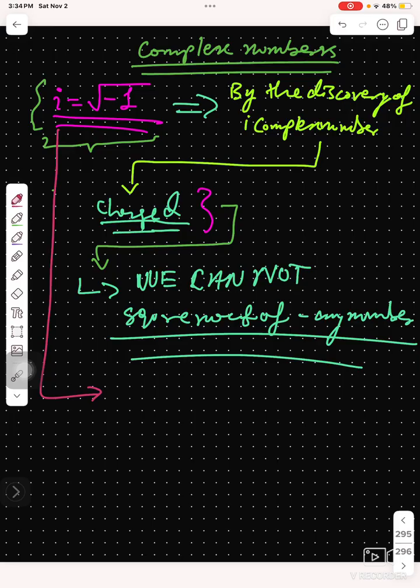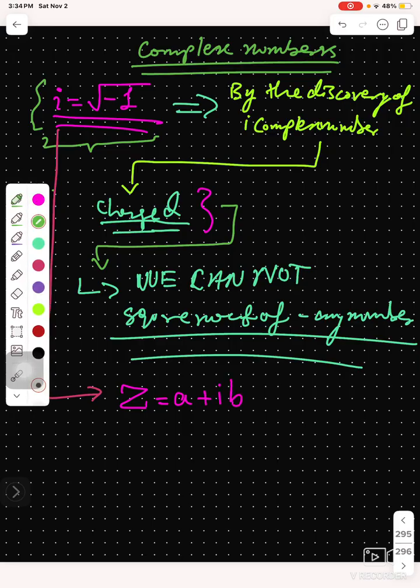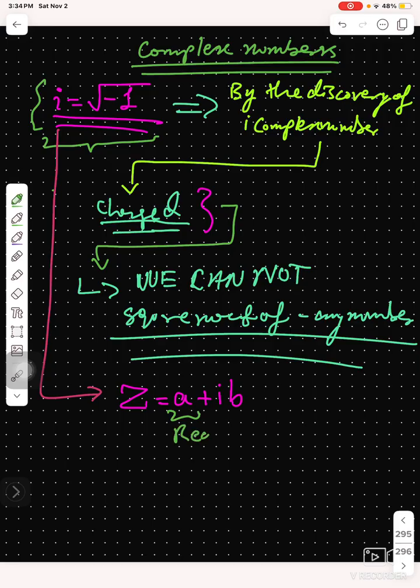Okay, and this constant can be expressed in terms of algebra as z equals a plus ib, where a is a real number and b is multiplied by i, so it gives us an imaginary number.